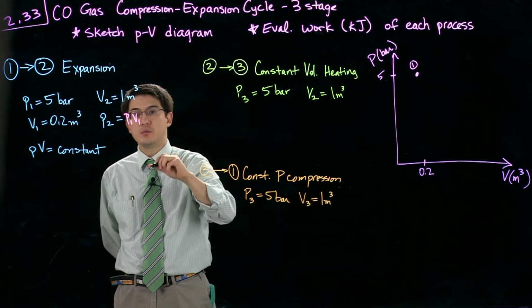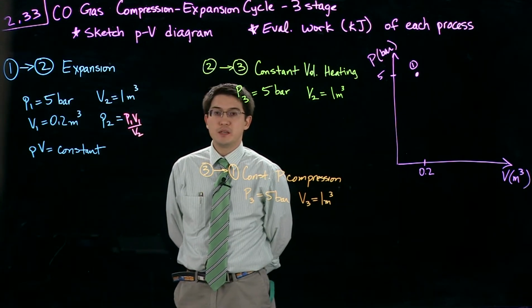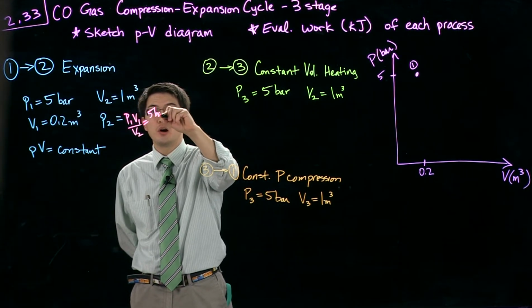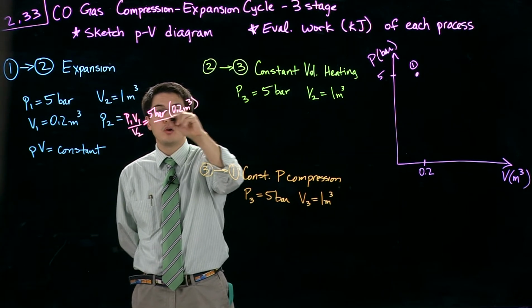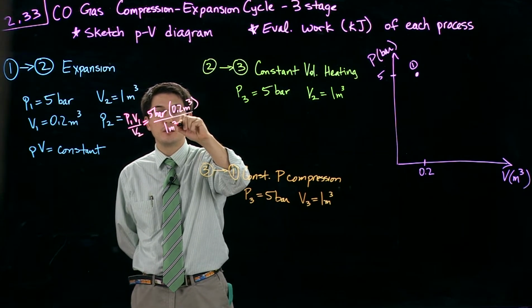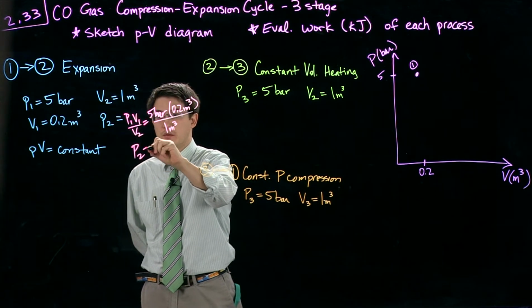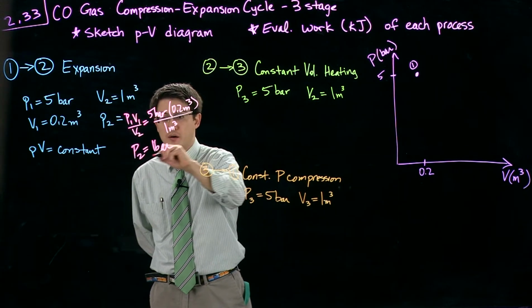P1 V1 over V2 is going to equal P2. We can sub in 5 bar times 0.2 cubic meter over 1 cubic meter. So P2 is equal to 1 bar.